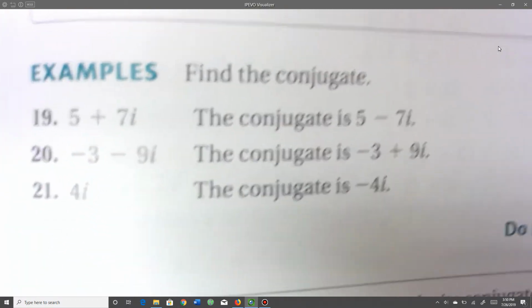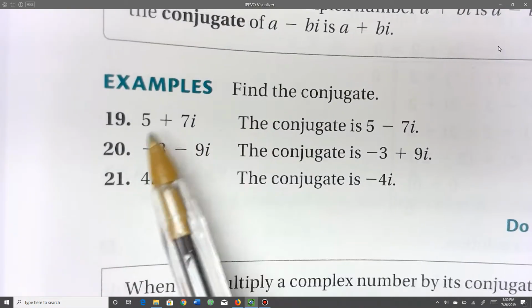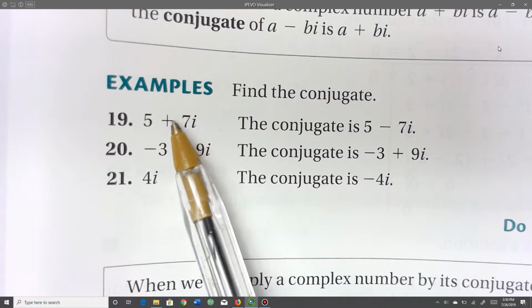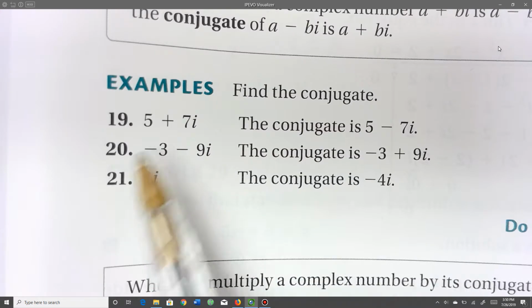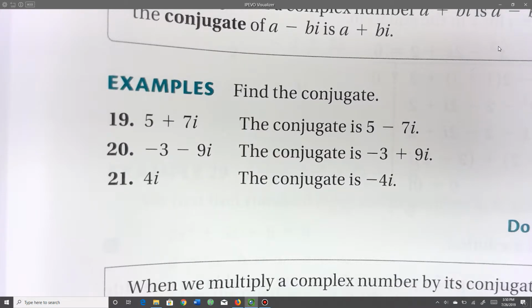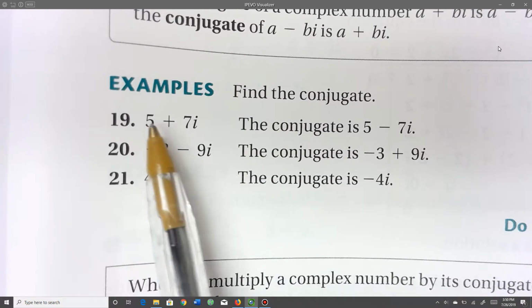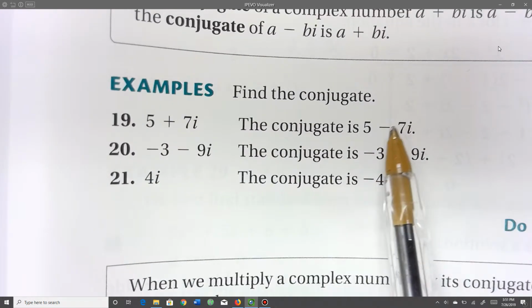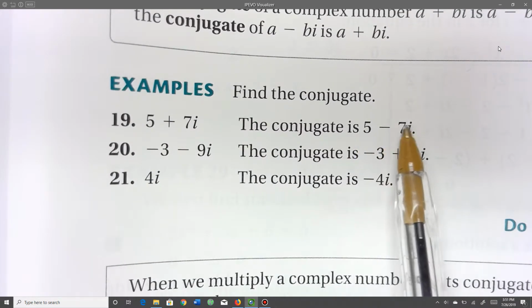And these are examples of conjugates. Like I said, only change the second sign. If you change the first sign, you're going to get the wrong answer. So the conjugate of 5 plus 7i is 5 minus 7i.